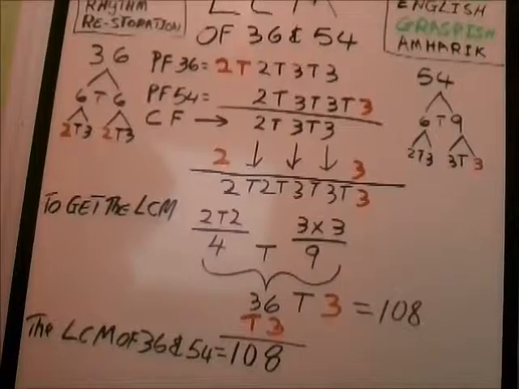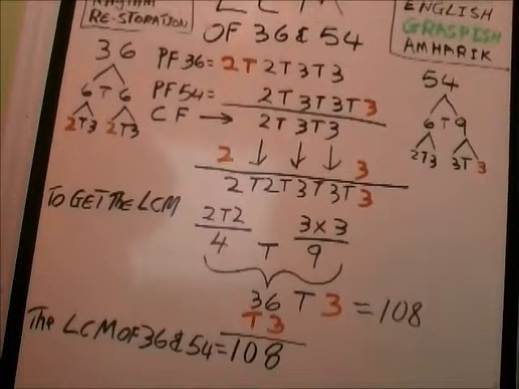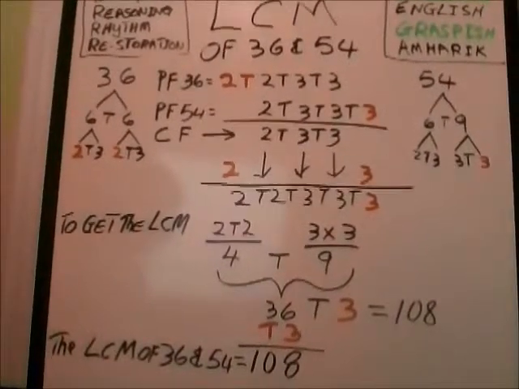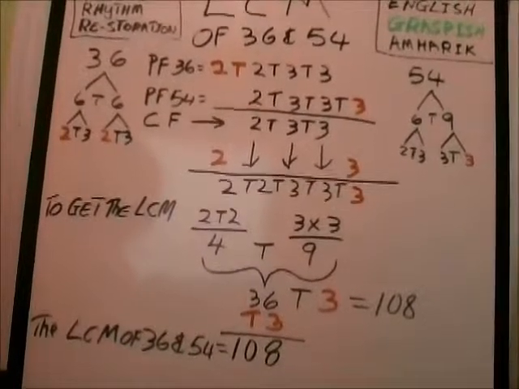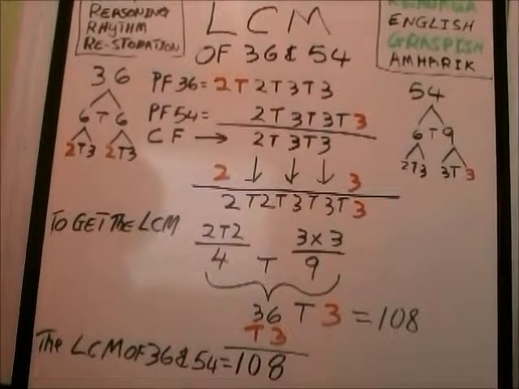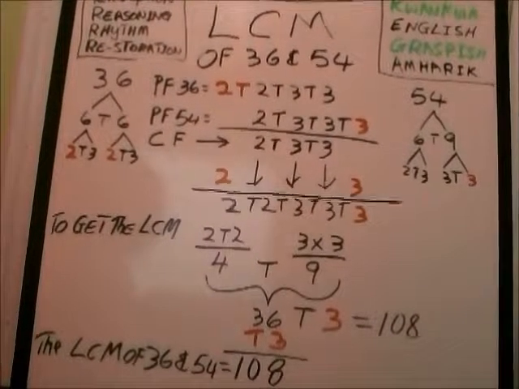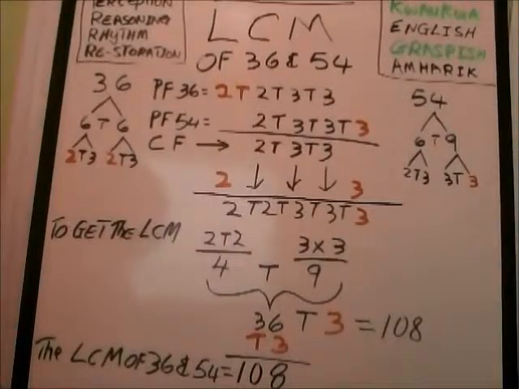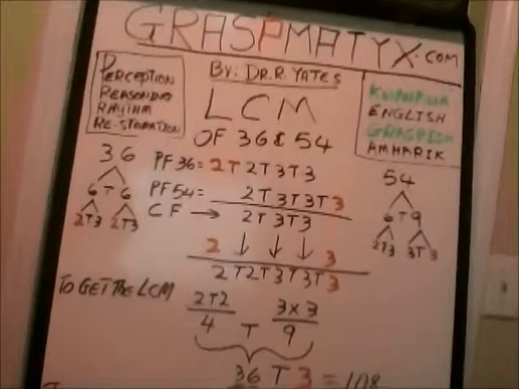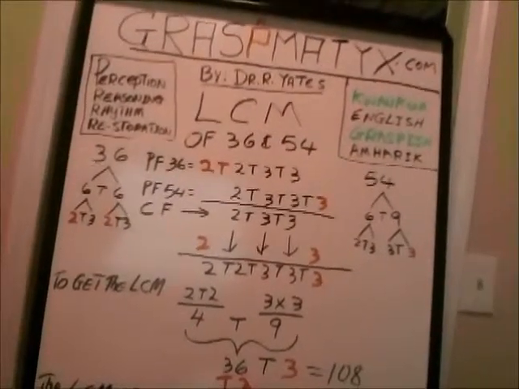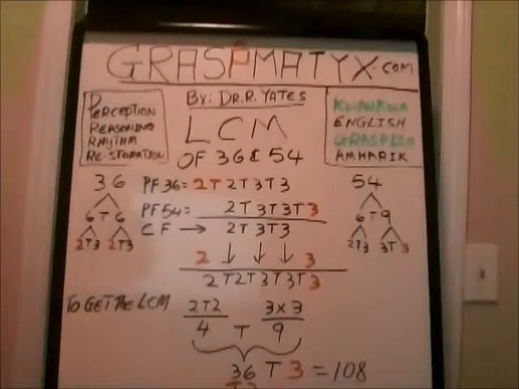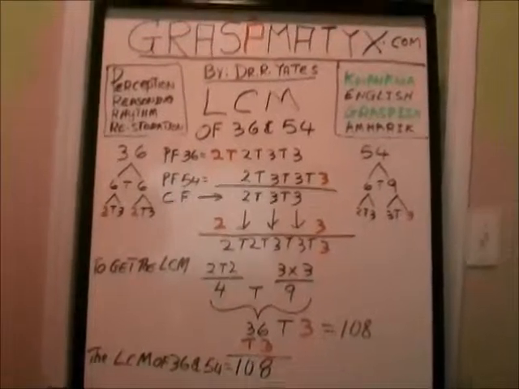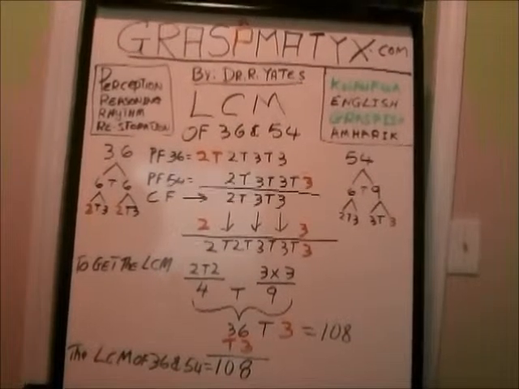And then now I multiply 36 times 3 and I get 108. Okay, 108. That's what I get. So my LCM of 36 and 54 will give me what? 108. That's the answer. That's how I do it in graphmatics.